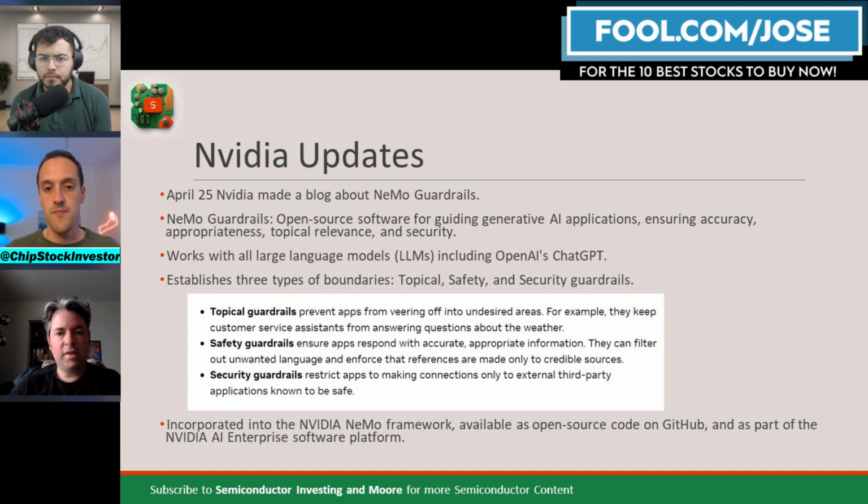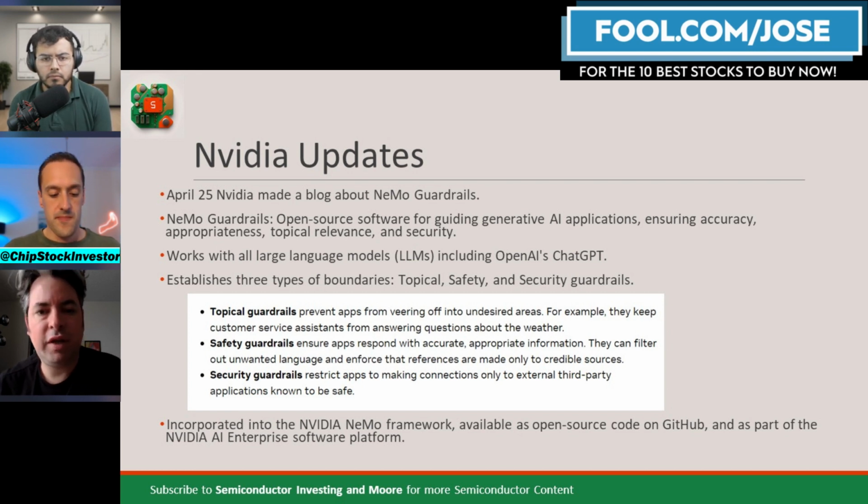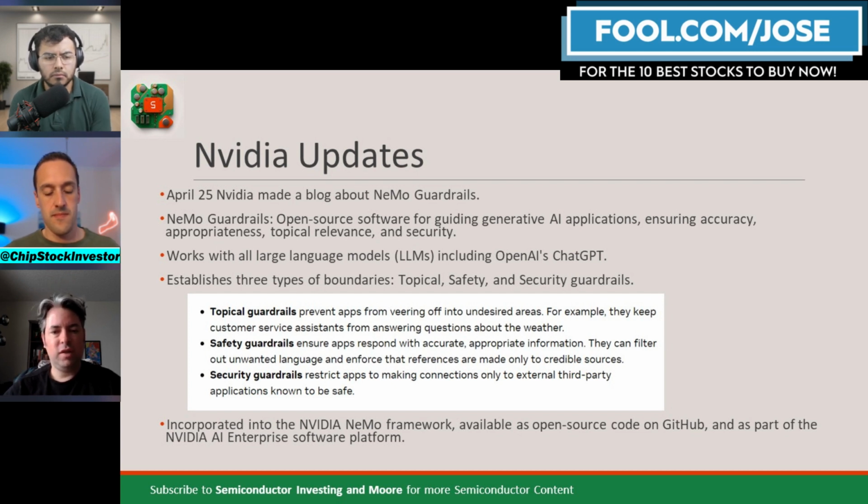I continue to be astounded by the pace of innovation at Nvidia. Truthfully, they have several new software platforms they've unveiled over, I think, just the past year. I'm also curious exactly how the safety guardrails work in this. Who's saying what's appropriate, accurate information?